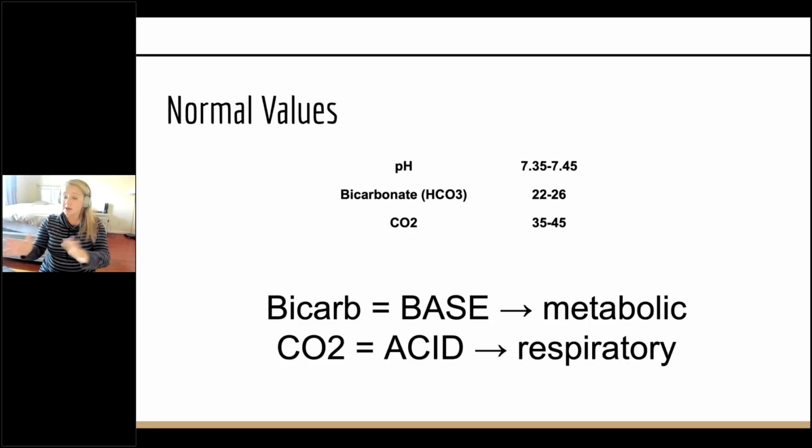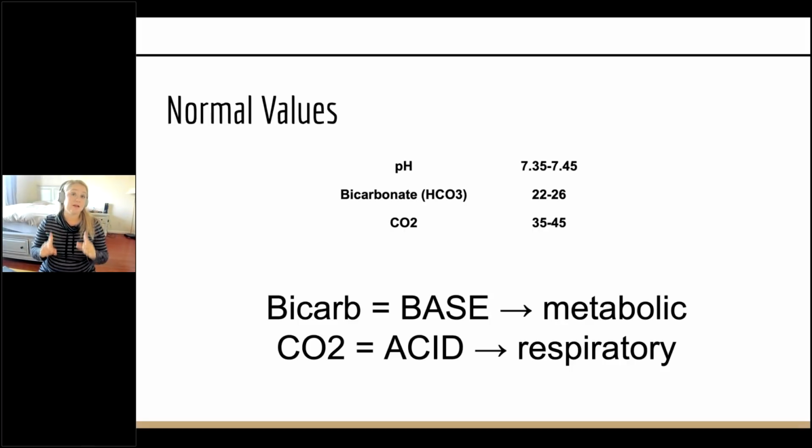And the summary, the meat and potatoes, so to speak, is on this slide. Your normal range for pH is 7.35 to 7.45. Less than 7.35, acidotic. Greater than 7.45, alkalotic. The normal range for that bicarbonate, B for bicarb, B for base.